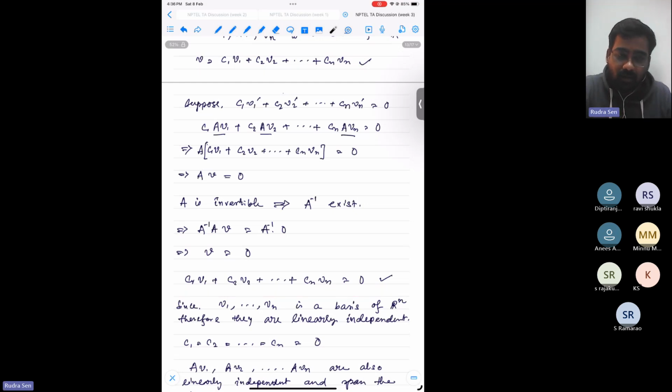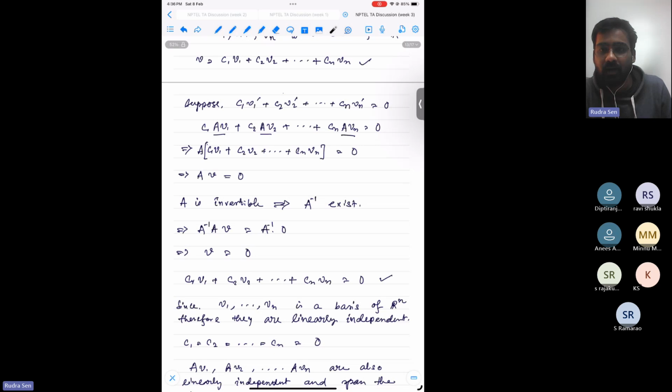According to the linear independence definition, C1, C2, Cn all have to be 0 because V1 to Vn are the basis, and basis means they are linearly independent and they span the space. So C1 to Cn all are 0, which means V1 prime to Vn prime are all linearly independent.